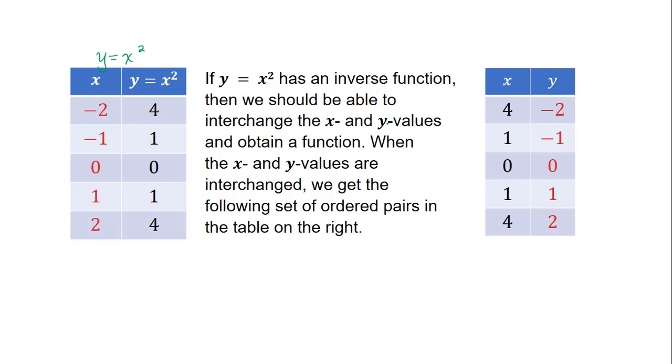And so if I try to reverse those, then my y value would now become my x value. So now in this table I have my original y values in the x column, so I have 4, 1, 0, 1, 4. And in the y column I have the original x value that I had to square to get that y value. So that is -2, -1, 0, 1, and 2.